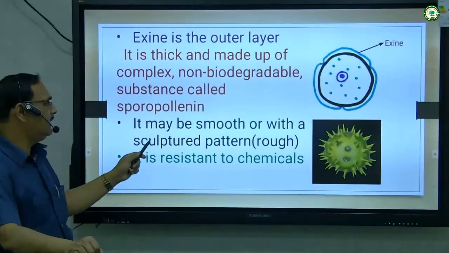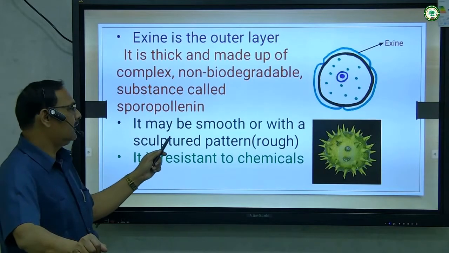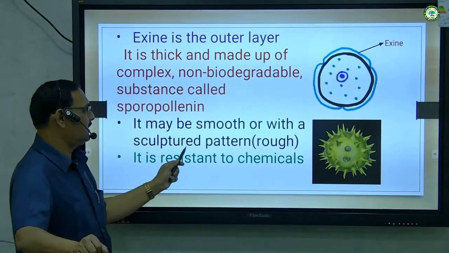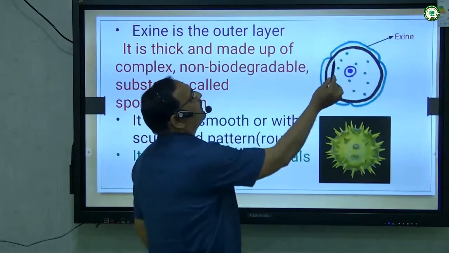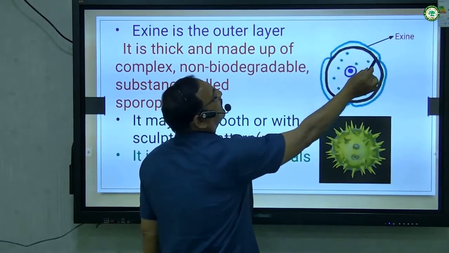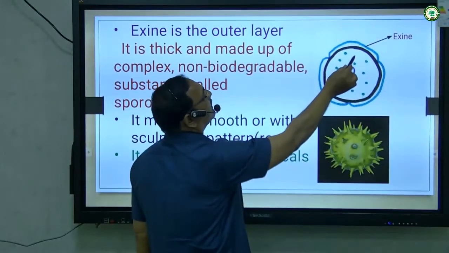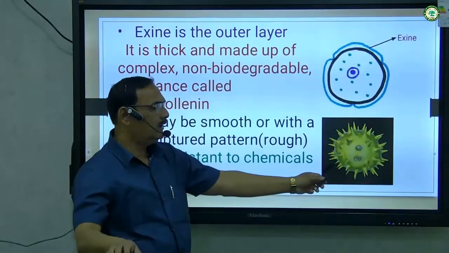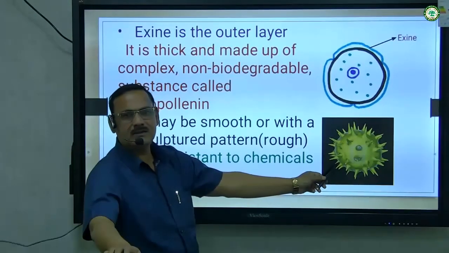According to the type of plant, the exine may be smooth, with a sculptured pattern, or rough in nature. In this figure you can see the outer layer is smooth, without any ornamentation, while in the lower figure the pollen grain shows spiny structures.